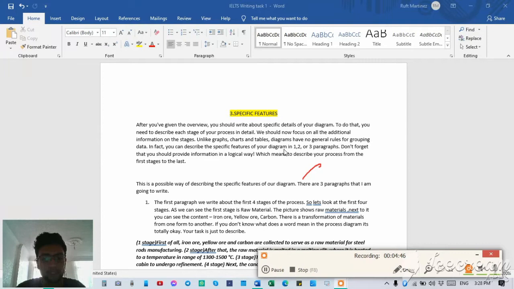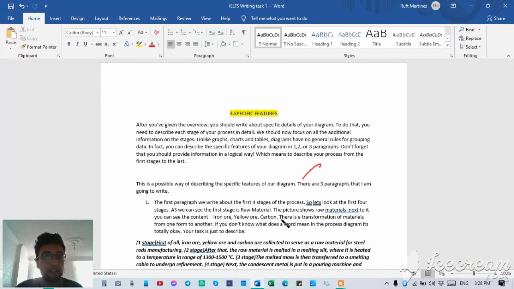You can divide the features of your diagram into 2-3 paragraphs, but make sure that you provide information in a logical way, which means following the rule of coherence and cohesion, so your sentences follow each other. You should start with the first stage and end with the last stage. You cannot start with the 5th stage, go back to the 3rd stage and finish in the 1st stage.